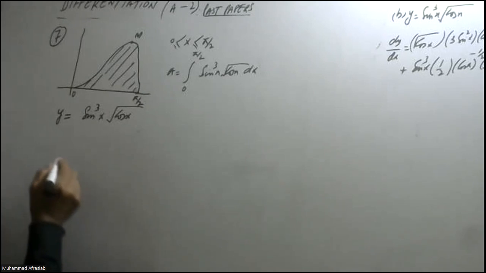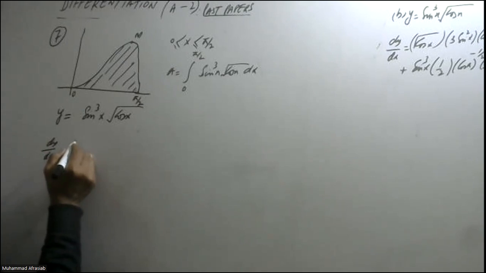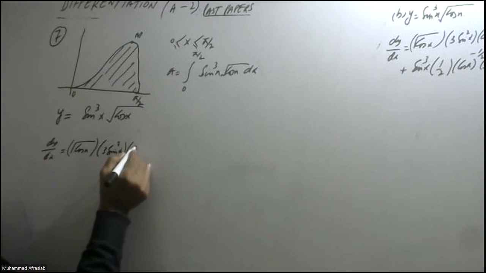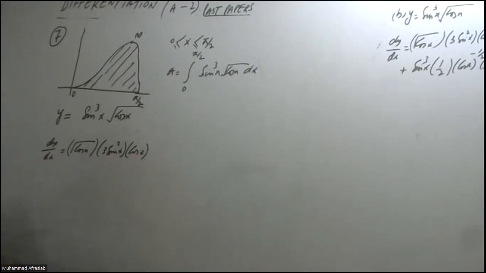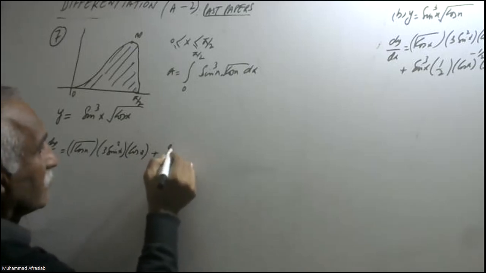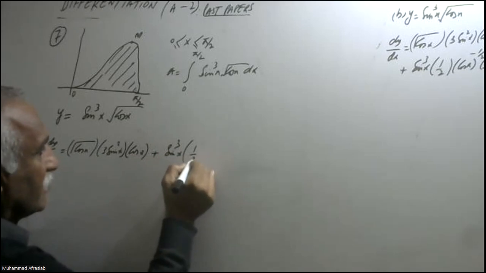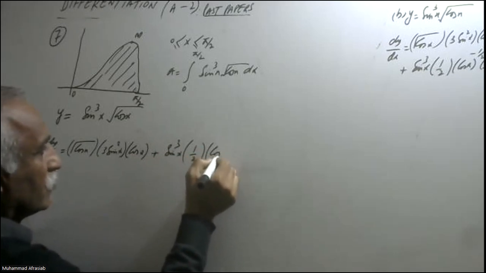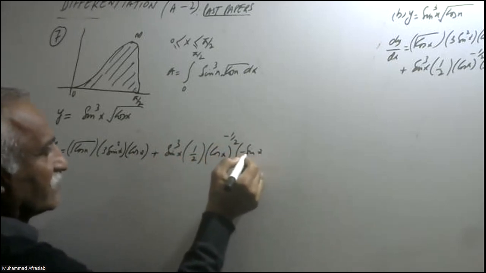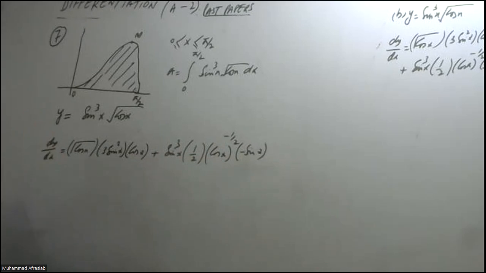We may write it dy by dx is equal to cos of x square root as is, into 3 sine square of x, and sine x derivative is cos of x, plus sine cube derivative as is, into 1 over 2 cos of x power minus half, into cos derivative is minus sine of x.